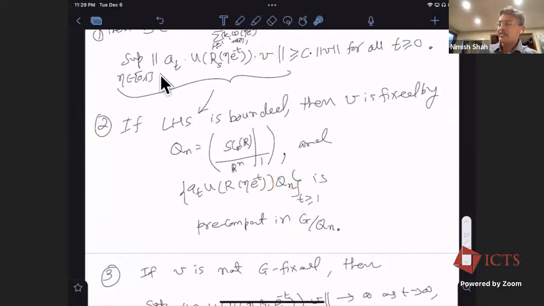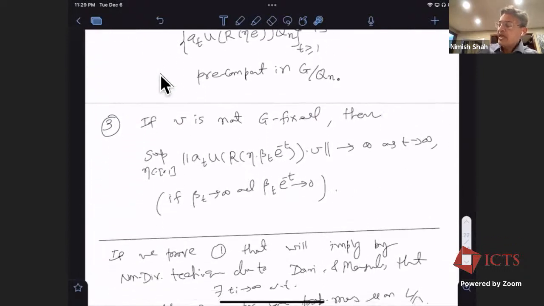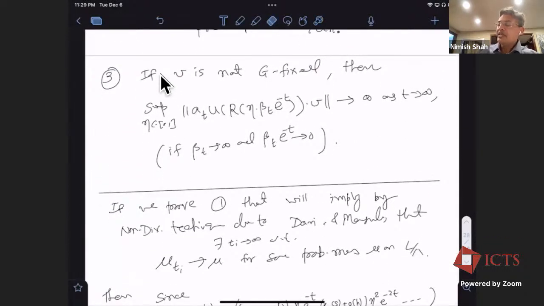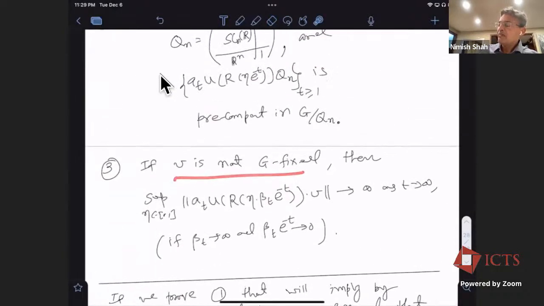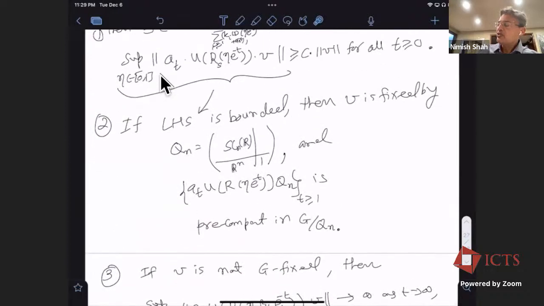That's pretty easy to see; it's just an algebraic fact. But this is hard: if this is bounded, then v must be fixed by Q_n. This is an important part of the theorem.